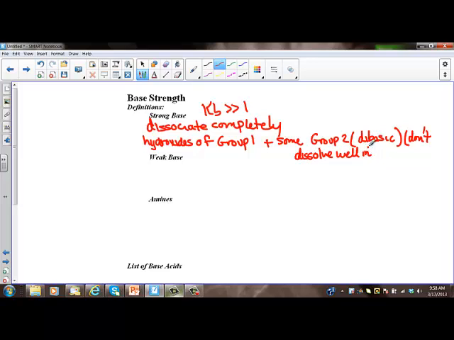And those are your antacids that I was mentioning earlier on the first page. A weak base, the Kb is going to be less than 1. They usually contain nitrogen.